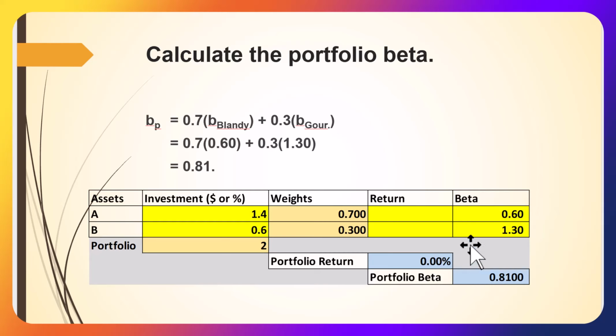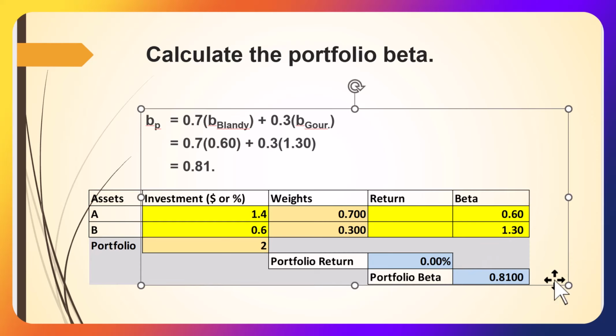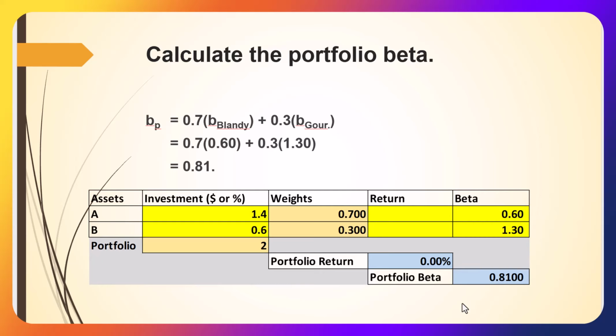So that then tells us that if we have betas of 0.6 and 1.3, in this case, the portfolio beta is 0.81.